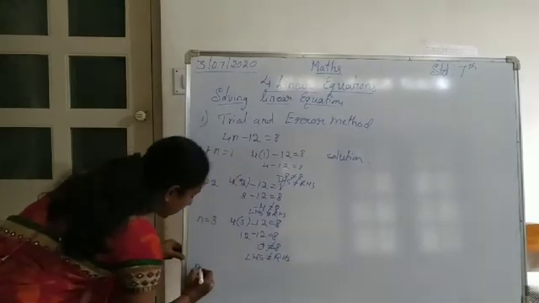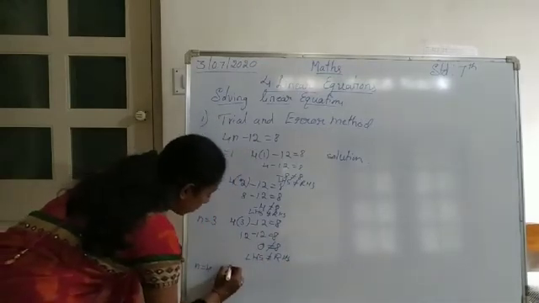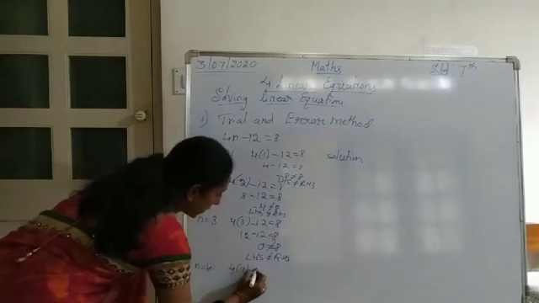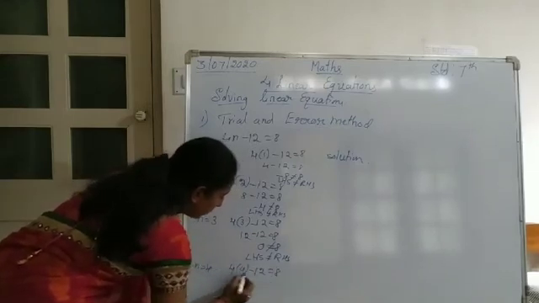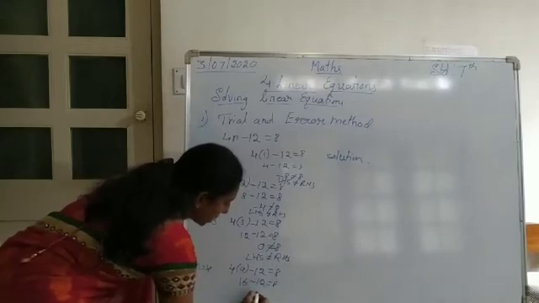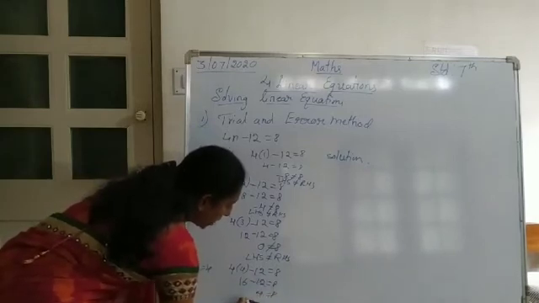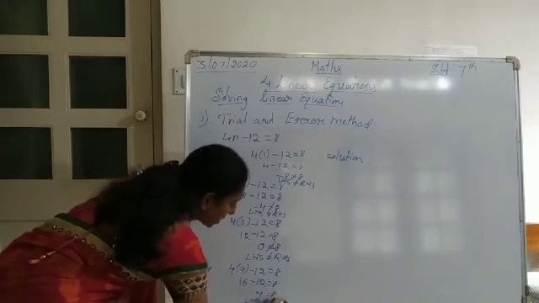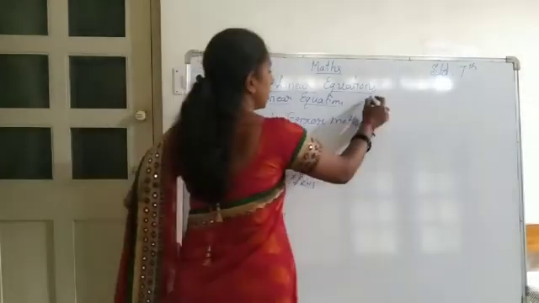So let me take n as 4. 4 into 4 minus 12 is equal to 8. 4 4s are 16, minus 12 is 4, is equal to 8? No, RHS is not equal. So these are not the solution.